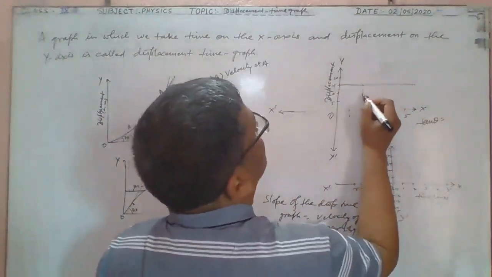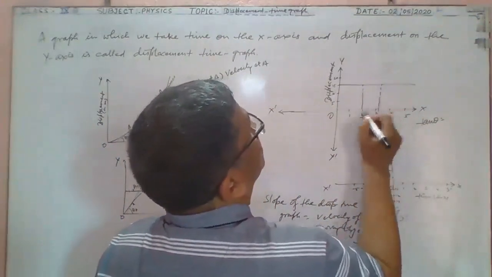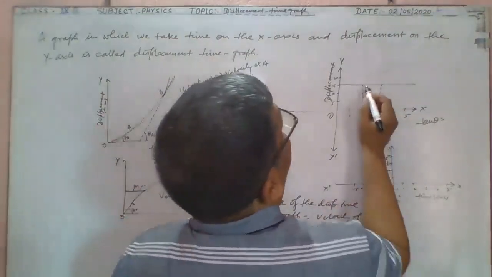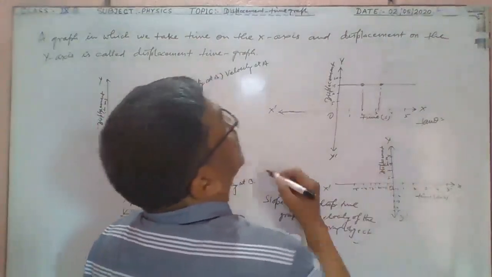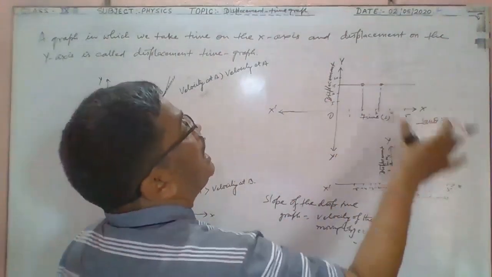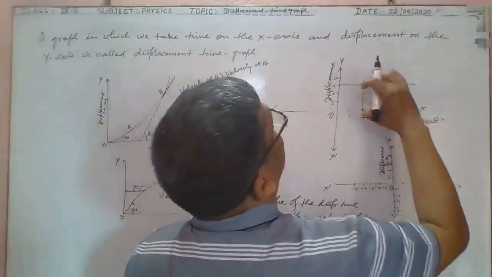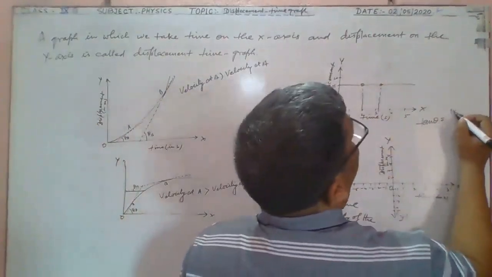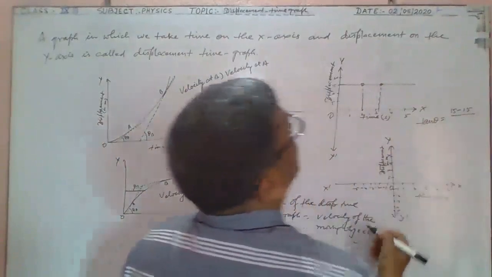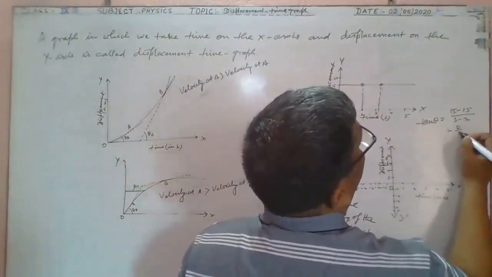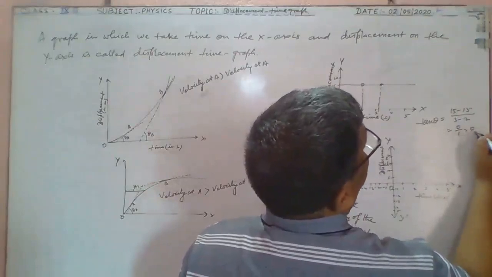Suppose you take 2 seconds and 3 seconds, and you observe the displacement is 15 meters, again displacement is 15 meters. What will the difference be? 15 minus 15, and what will the time difference be? 3 minus 2, 0 by 1 equals what? 0.